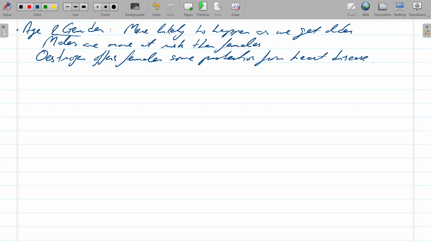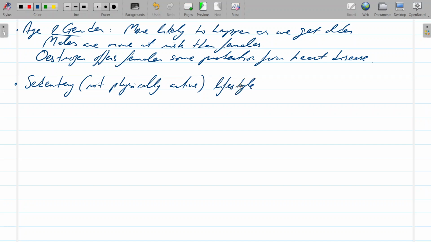Okay. Then lifestyle, obviously, right? So the book says sedentary lifestyle, which basically means you're not doing much, you're not physically active. And so that's not good, no matter what your age is, especially the older you get, because you're not utilizing everything that you're doing.